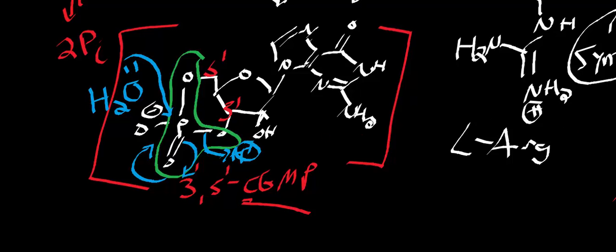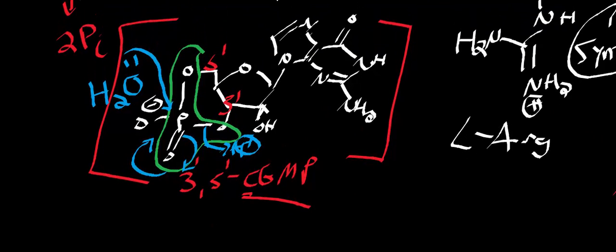So what you end up getting, and I'm going to come over here and draw it, just for the sake of space, is something that looks like this. Okay, so again, you regenerate your 3' hydroxyl group, and you're going to keep your guanine nitrogenous base, right? So that stays the same.